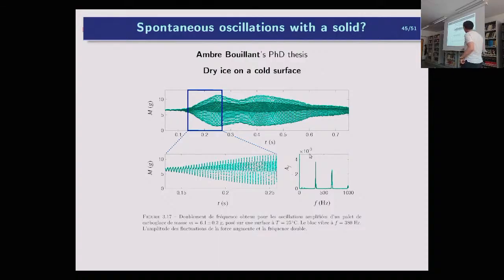It's measured by a force measurement which is very precise. I think that during the sublimation process, the surface of the dry ice is going to be smoothed. Initially there may be some inhomogeneities, but I don't think it explains why it's going to oscillate, because after some time it's extremely smooth.